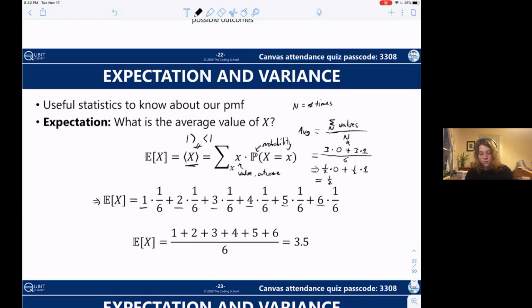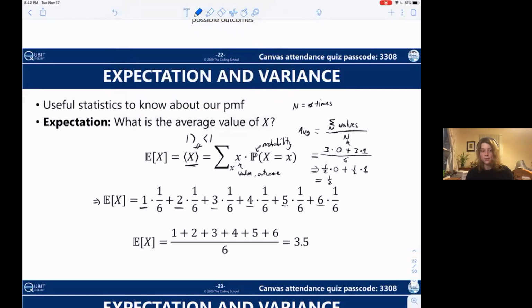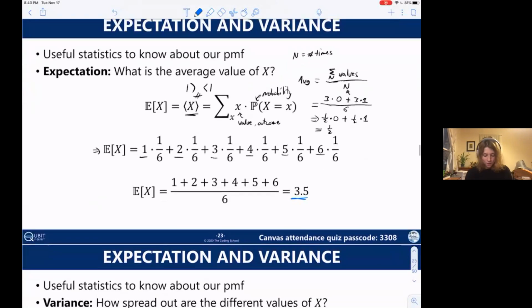The average value when we throw a dice 1,000 times is 3.5, which makes sense because it's between 3 and 4, the median value of our set, and we have an equal probability of each value. So hopefully that makes sense.